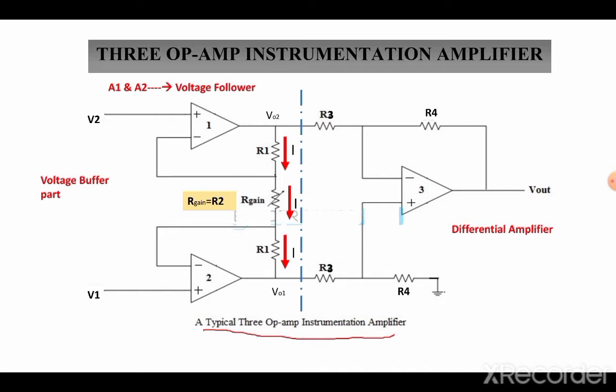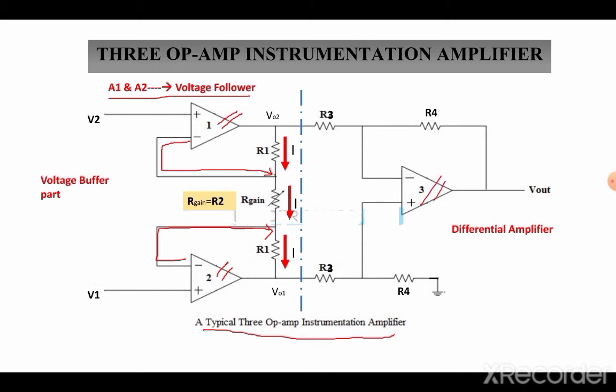As seen from the figure, this is op-amp 1, A1, and this is op-amp 2, A2. Op-amp 1 and op-amp 2 are known as voltage followers, and these are also known as unity gain buffers, because the gain of the voltage follower is equal to 1, as the inverting terminals of the op-amps are directly connected to the output. Similarly in this case also, the inverting terminal is directly connected to the output.